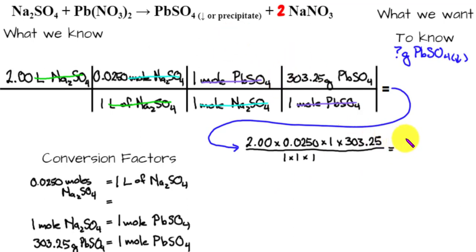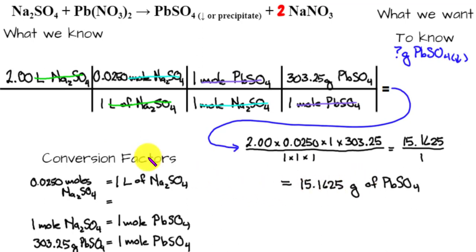When I do the math, I solve the top and simplify and get 15.1625, and all of that over 1. When I simplify again, I get equals 15.1625 grams of PbSO4.